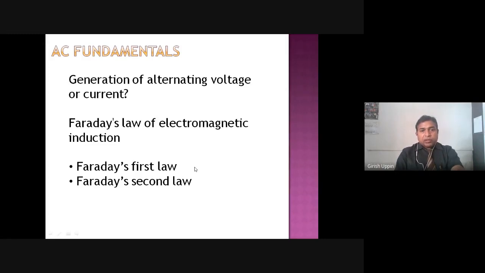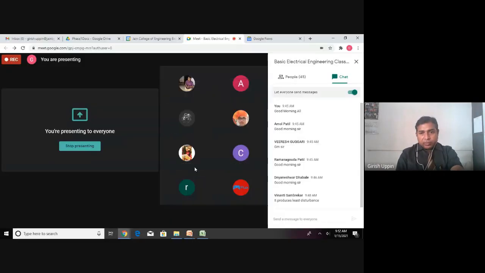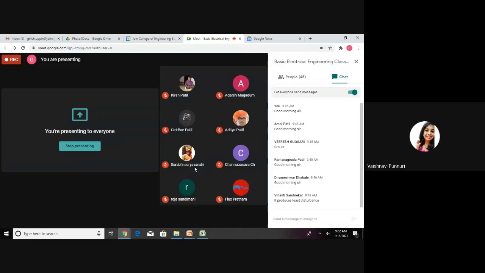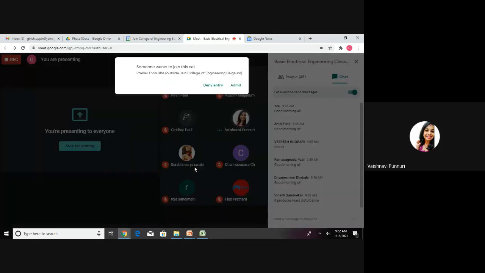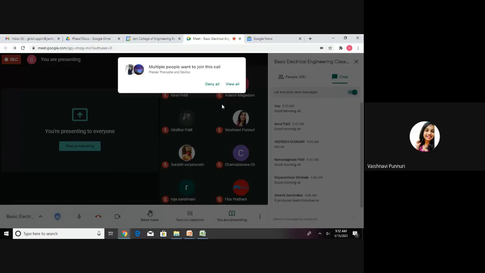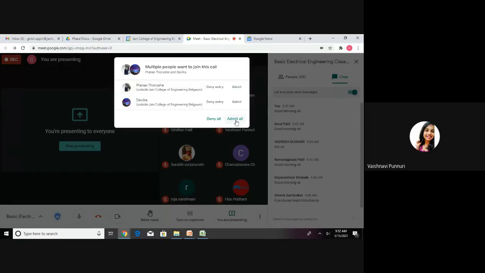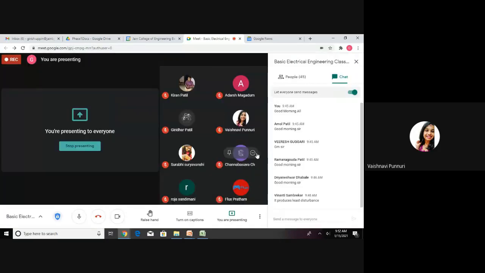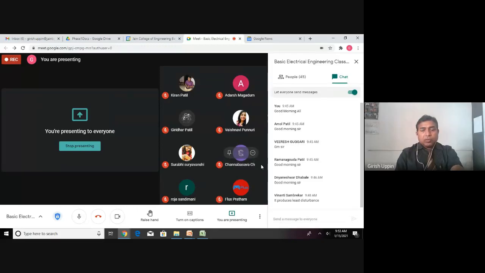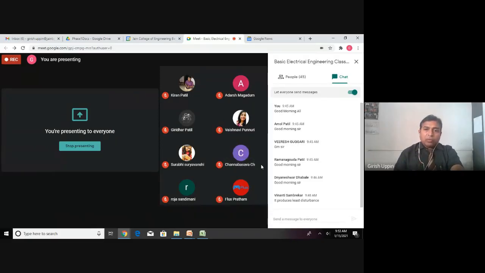What is Faraday's first law? Anybody, if you remember? Mass deposited on the electrodes is directly proportional to the charge in coulombs. Okay. Any other definition? Whenever we talk about any laws, we have to understand the core of that.